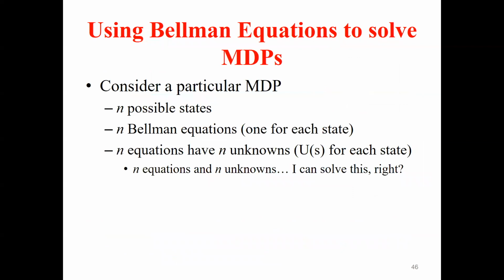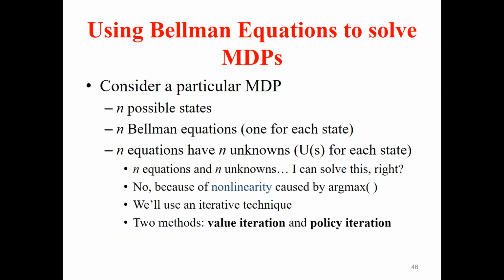Now, if we talk about the Markov decision process, we are having n states in total. So every state will be applying the Bellman equation. There are n Bellman equations in total. So n equations, n unknowns. So we need to solve.